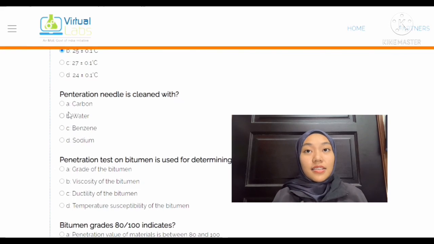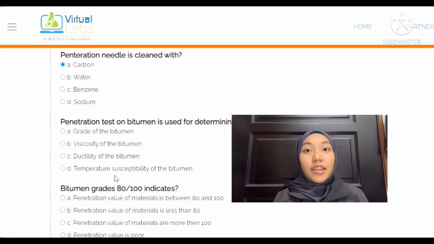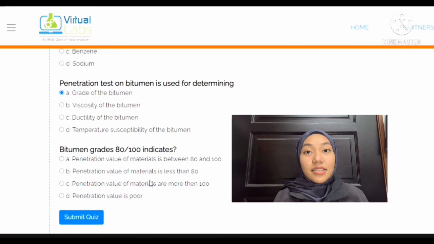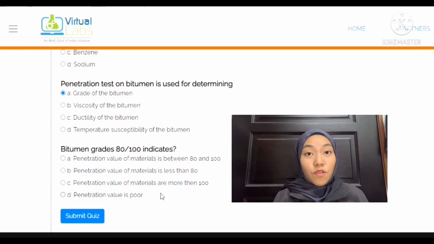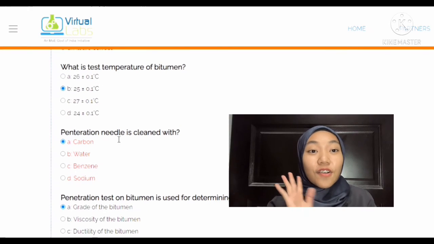The answer is carbon. Question number 4. Penetration test on bitumen is used for determining. The answer is A, grade of the bitumen. Last question: bitumen grade 80/100 indicates. The answer is A, penetration value of material is between 80 and 100. So the result I get is 4/5 and 1 wrong.